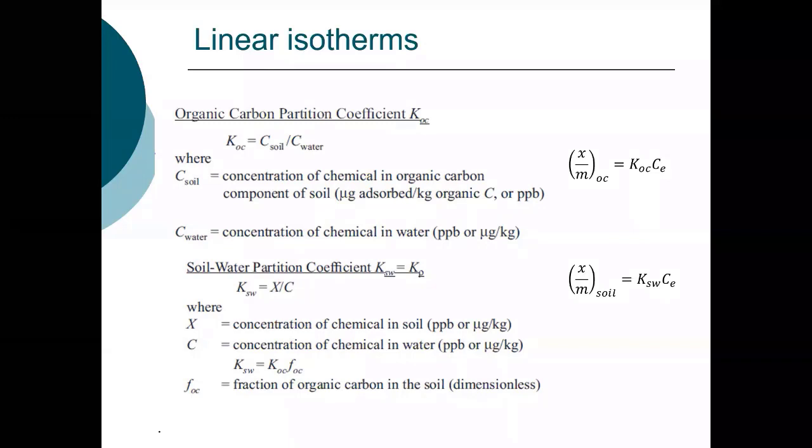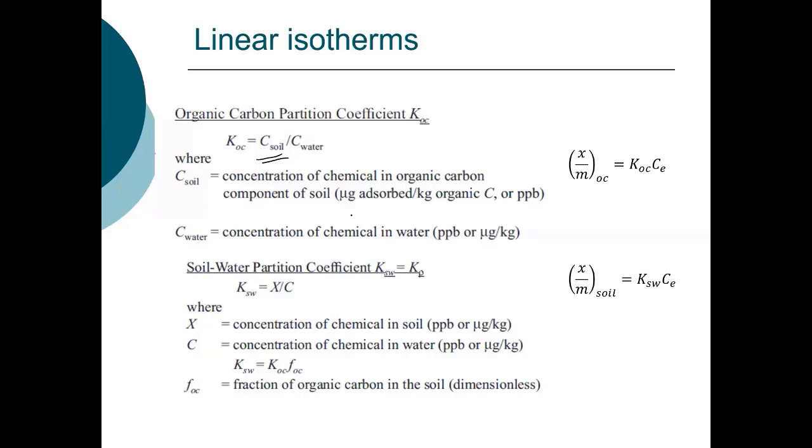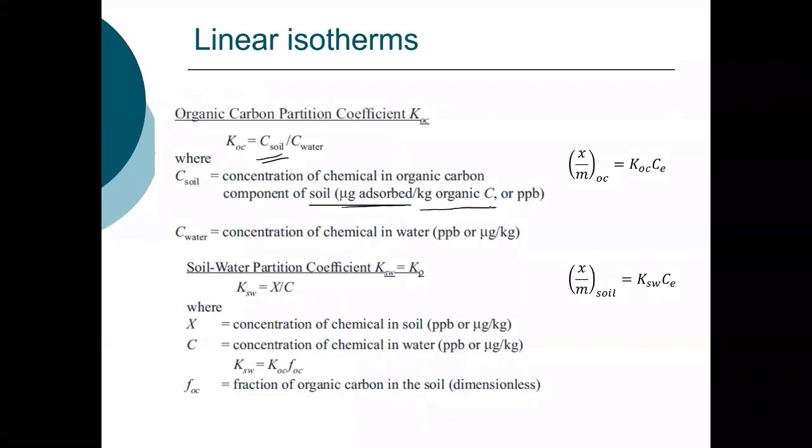And here, for instance, what you're looking at is the concentration of the chemical in the organic component of the soil. So you can see it's actually micrograms sorbed instead of milligrams, 1,000-fold less, per kilogram of soil organic matter. So you're really looking at that soil organic fraction.